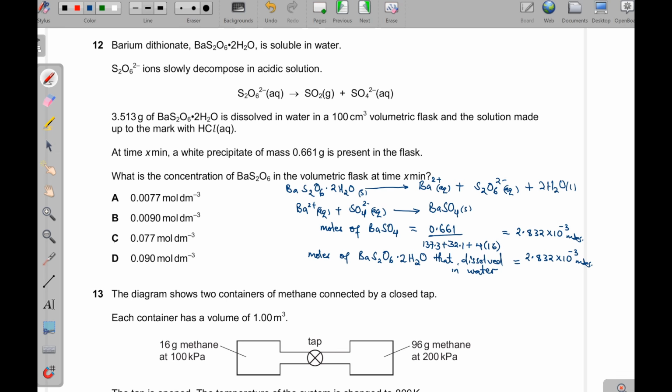After that, we have the original number of moles of barium dithionate.